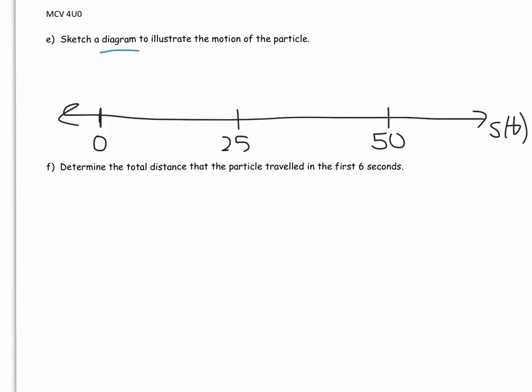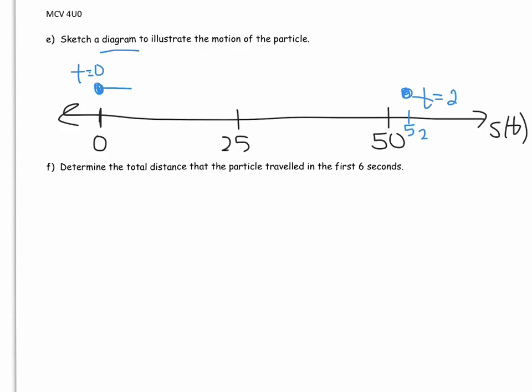At the beginning, at t equals 0, the particle is right here. Then it travels in a positive direction all the way up to 2 seconds, and we know from the previous question that it's at 52 meters. So somewhere over here, let's call that 52, at t equals 2 seconds.